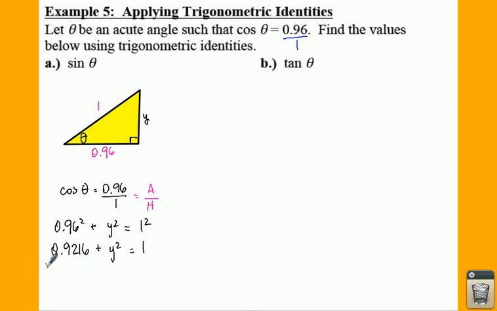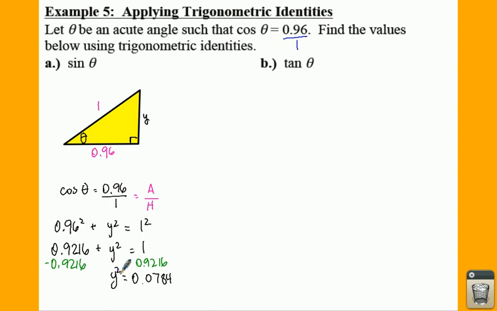Subtract this from both sides. 0.9216 minus 0.9216. So then we get y squared is equal to whatever 1 minus that is. It's 0.0784. And then we have to take the square root.